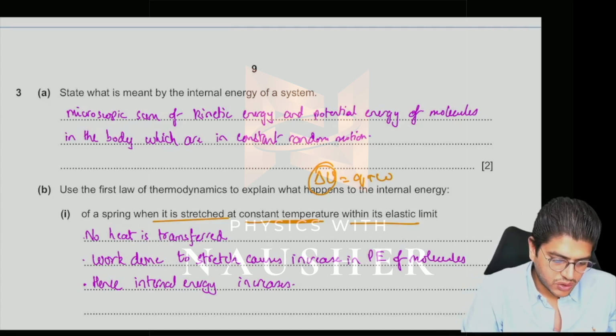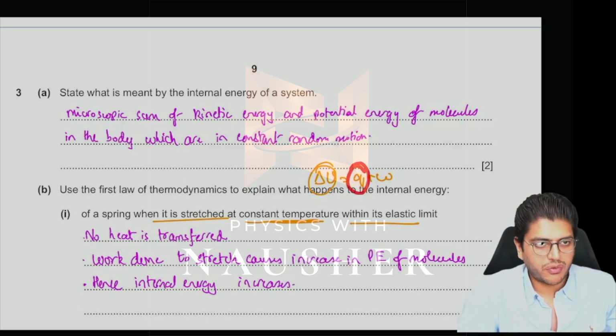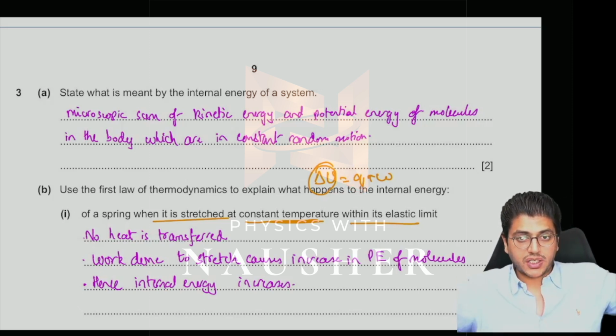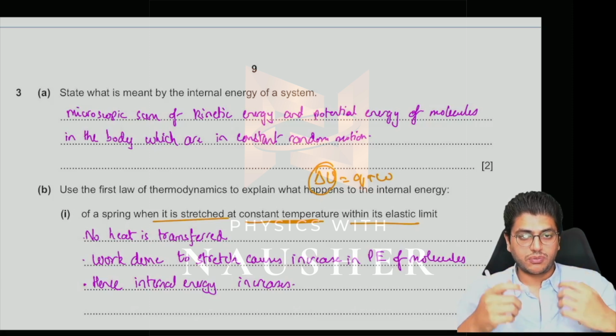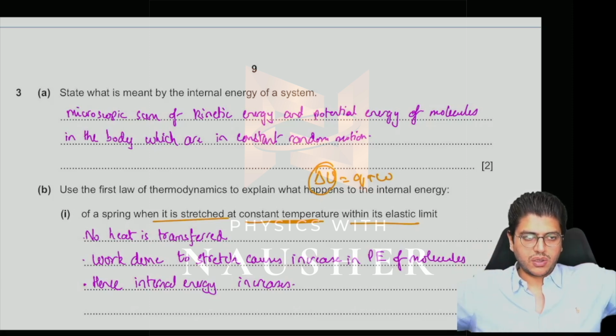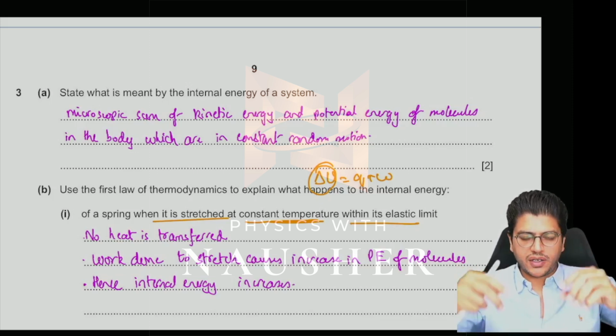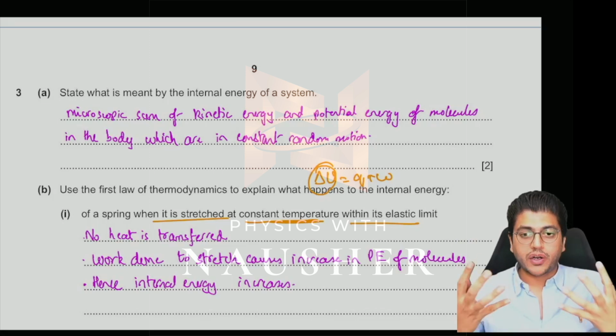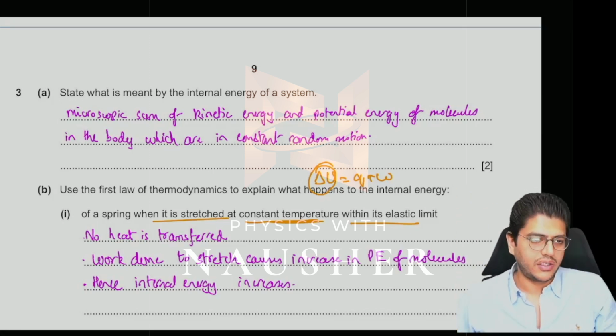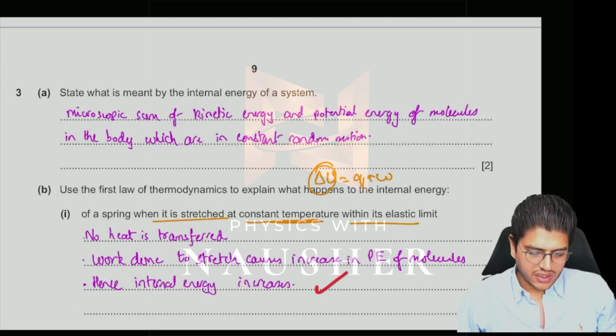So there is no heat transfer. There's no information about Q, but you're stretching it, so that means you're doing work. So you're giving energy to the molecules, and the molecules will therefore have increased internal energy because you're doing work. Your energy in stretching is going where? It's going inside the spring molecules. So they will have a higher internal energy, and that is the answer to the first question.